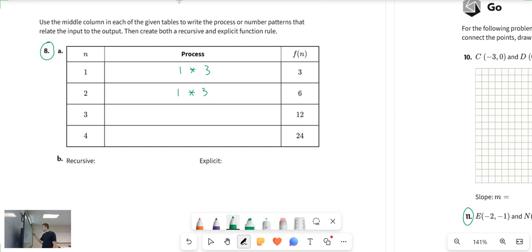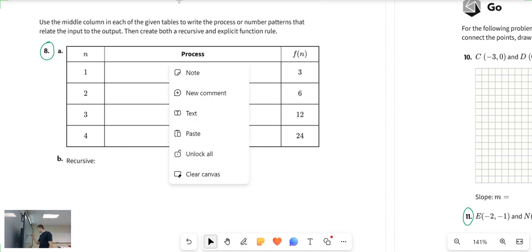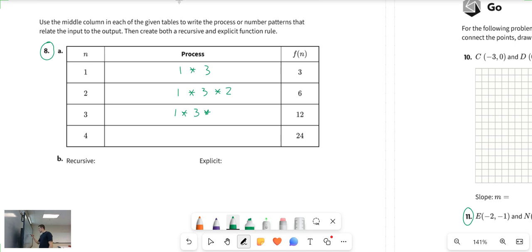But then in order to get to 6, we actually multiplied it by 2. So 1 times 3 times 2. And then if we're going to go from 6 up to 12, we have to take that same 1 times 3 times 2, and we actually have to double it again, times 2, right? 1 times 3 times 2 times 2 is 12, so that works out.